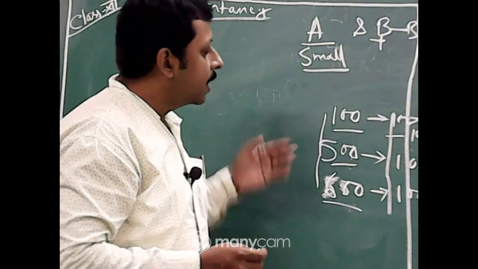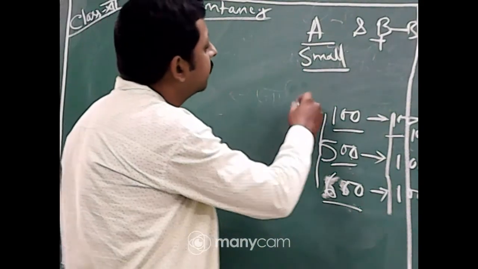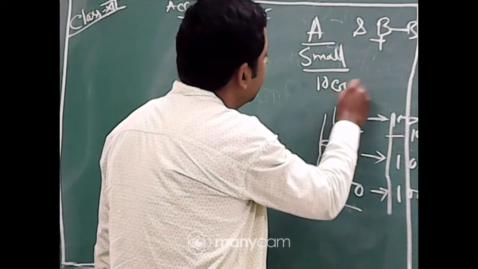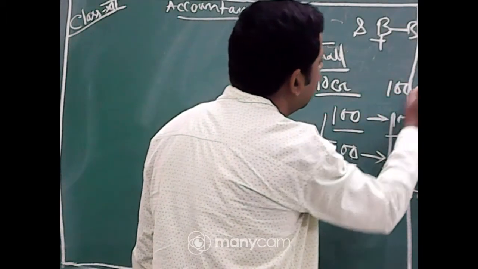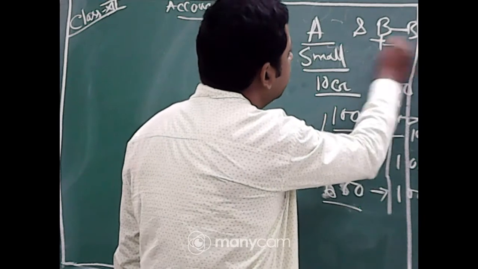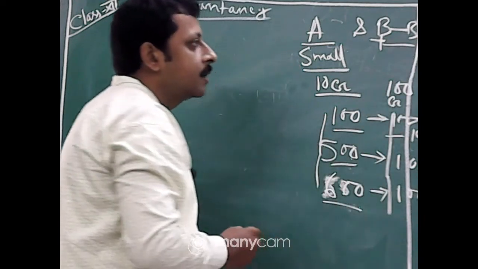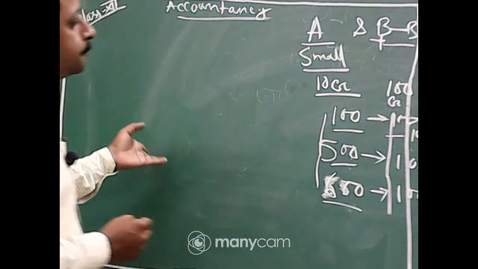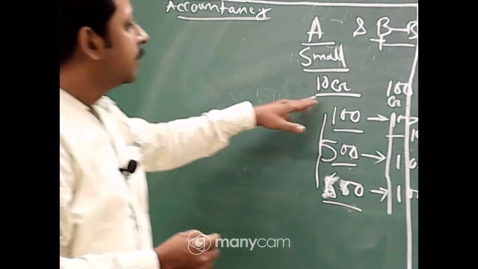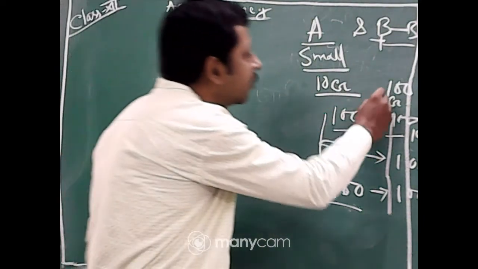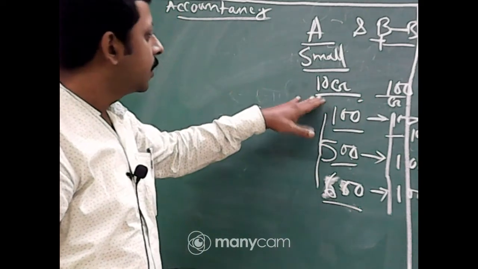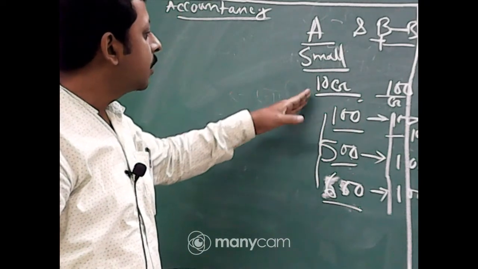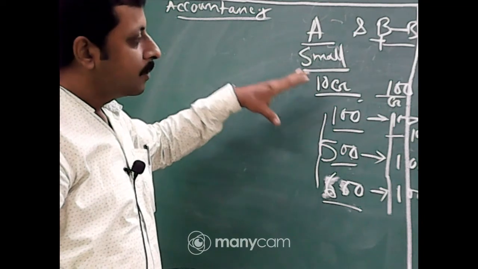So if there is a 10 crore capital company and a big industry with 100 crore capital, that doesn't matter actually. You can compare and easily find the base.